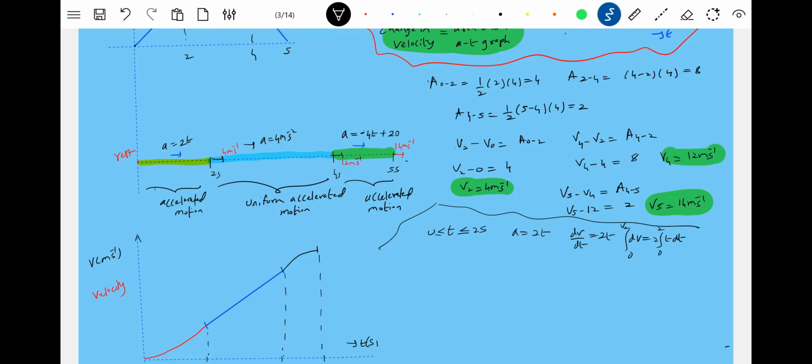If you solve it, we'll end up with 4 meters per second. Then again, uniform accelerated motion, V4 equal to V2 plus A times the time, 4 minus 2. Solve it.